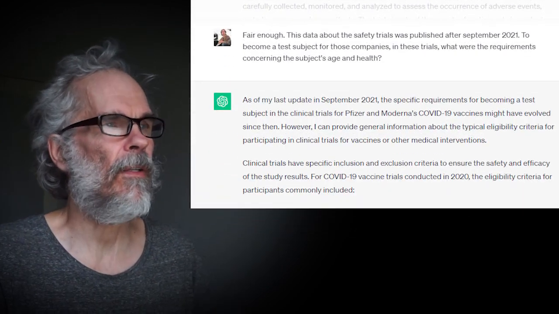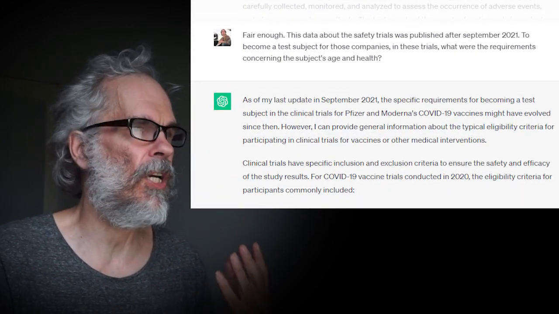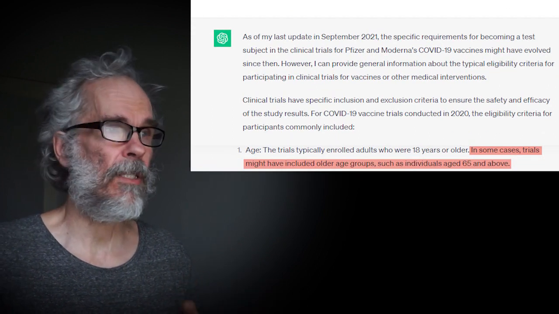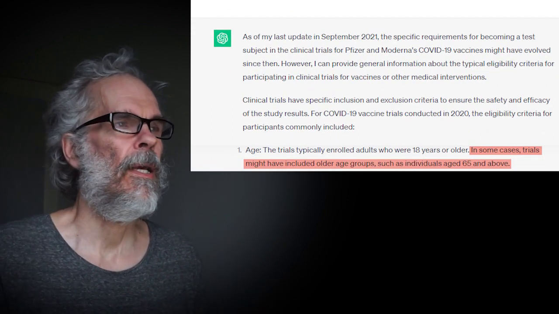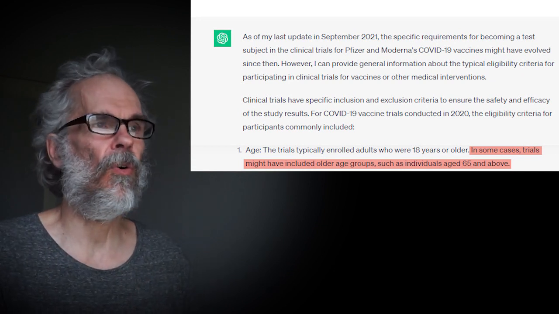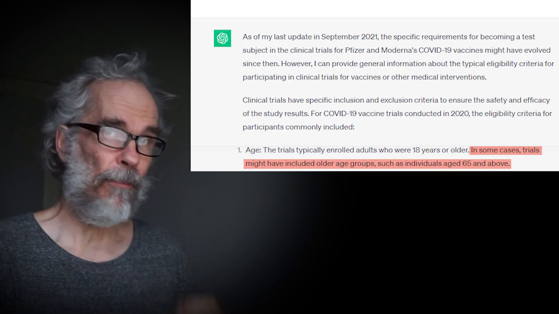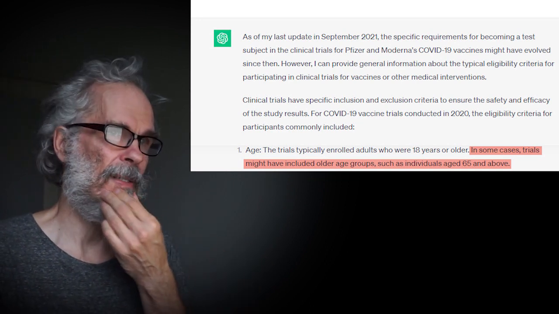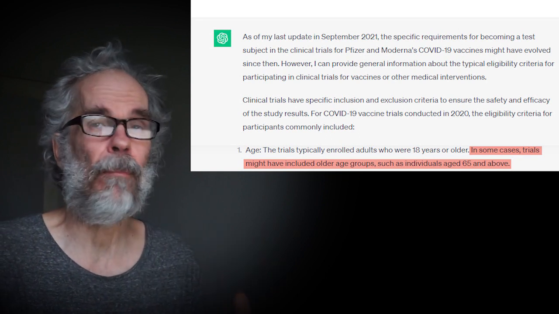Again, in the beginning there's this general jargon, but then we come to the different points: that typically enrolled adults were 18 years or older, and in some cases there were people older than 64, so 65 and above.